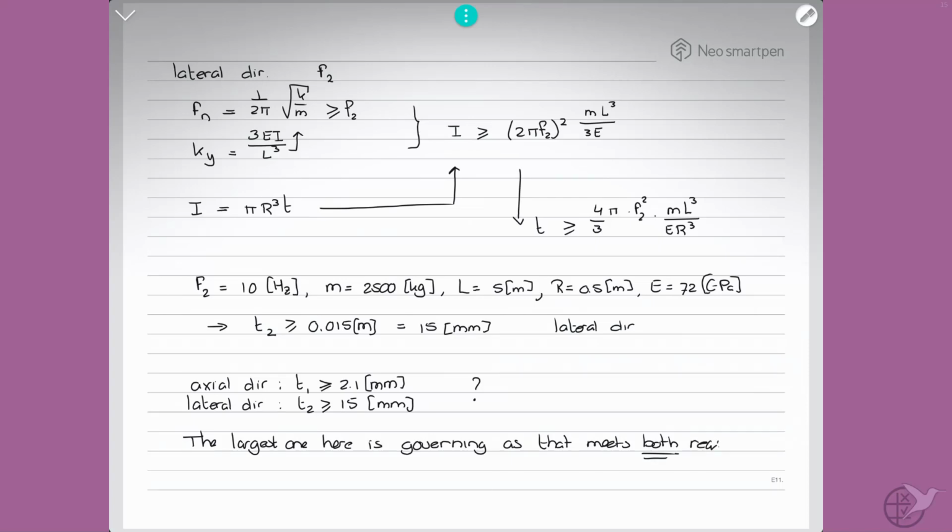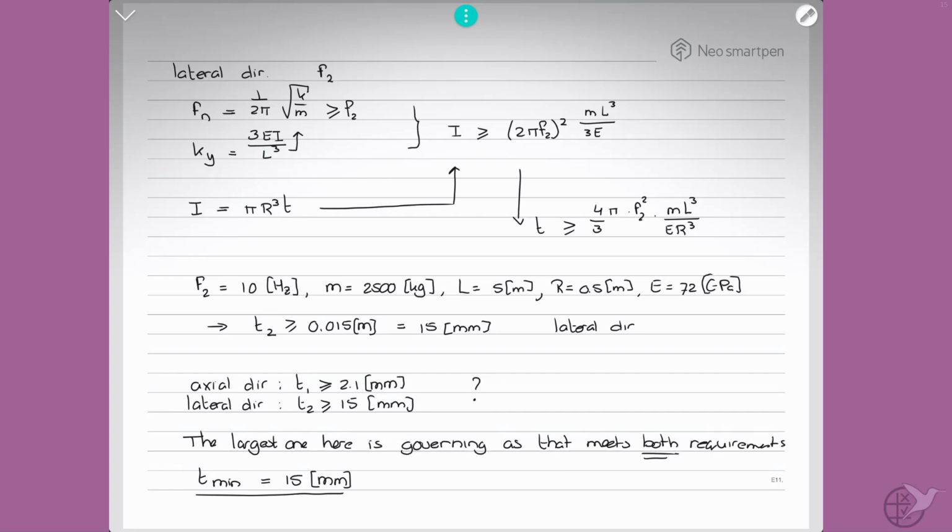The actual one, T is 2.1 millimeter, would actually fail the lateral direction requirement. So our minimum required wall thickness, T min is equal to 15 millimeters. So that's the first half of our problem solved. Now let's go to the second.